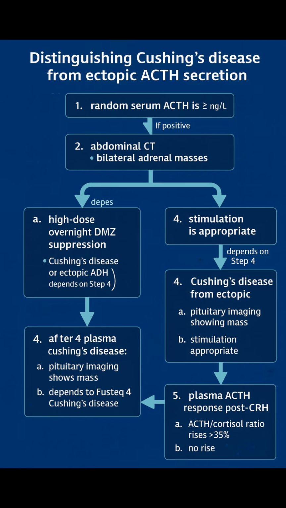And second, it may also determine the likely side of a microadenoma within the pituitary. Thus we may be able to avoid bilateral adrenalectomy, which requires lifelong glucocorticoid and mineralocorticoid replacement, and there is also a risk of Nelson syndrome. So we can determine the side of the microadenoma within the pituitary.